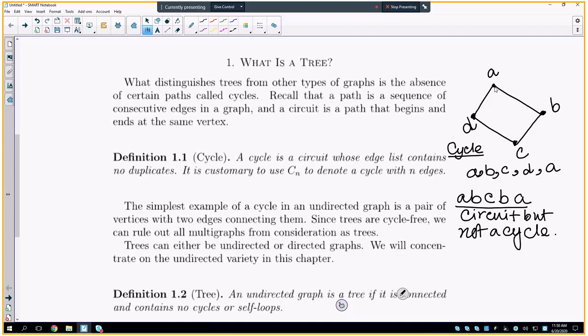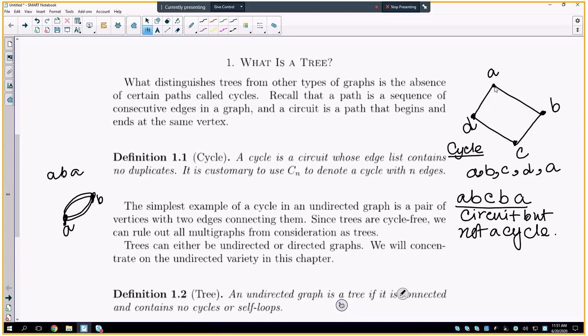So if you think of a graph with two vertices that is undirected, but there are two edges connecting them, that forms a cycle. Say we call our vertices A and B, so I take AB in this way, and then I'm coming back in the BA way, which is this one.